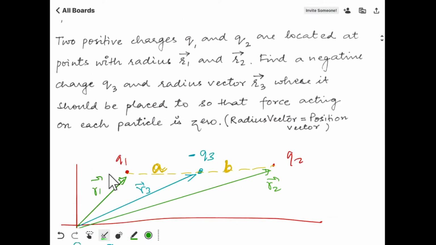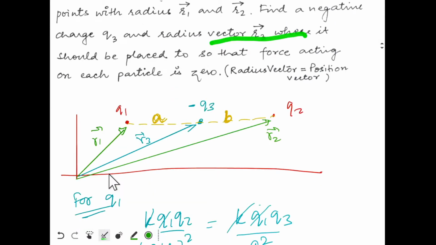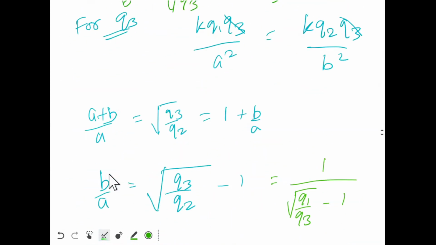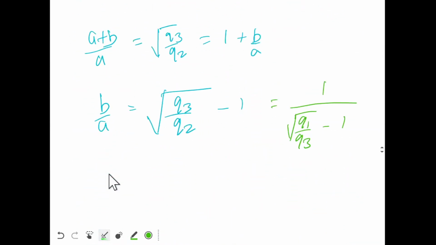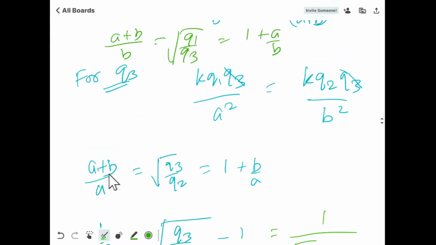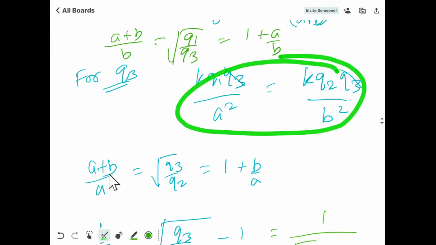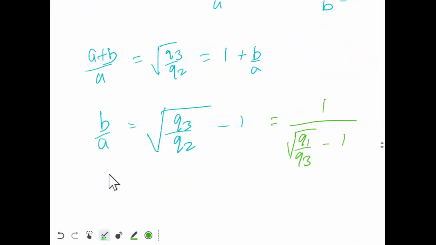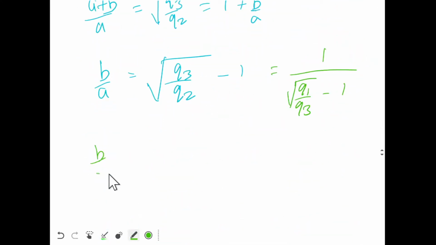They are asking to find the value of charge q3, and they are also asking the radius vector r3. How much will r3 be equal to? So how to find r3 now? For that, take one more equation over here. B by a is equal to under root q2 by q1.